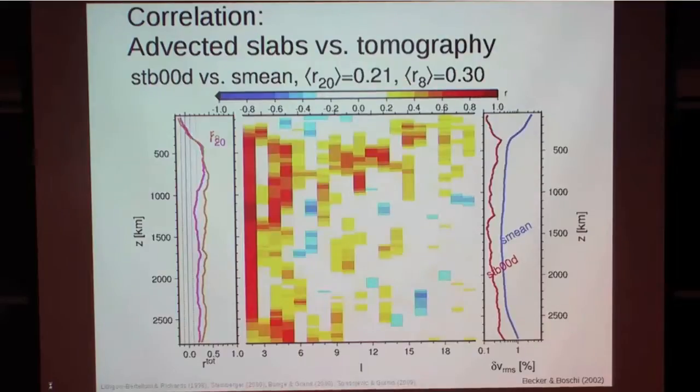And that is for the reasons that Magali discussed, that we still have a hard time getting the penetration, ponding, and transition of slabs through the transition zone right, which is a real bummer because mass flux through 660 is an important constraint for overall chemical evolution of the mantle.